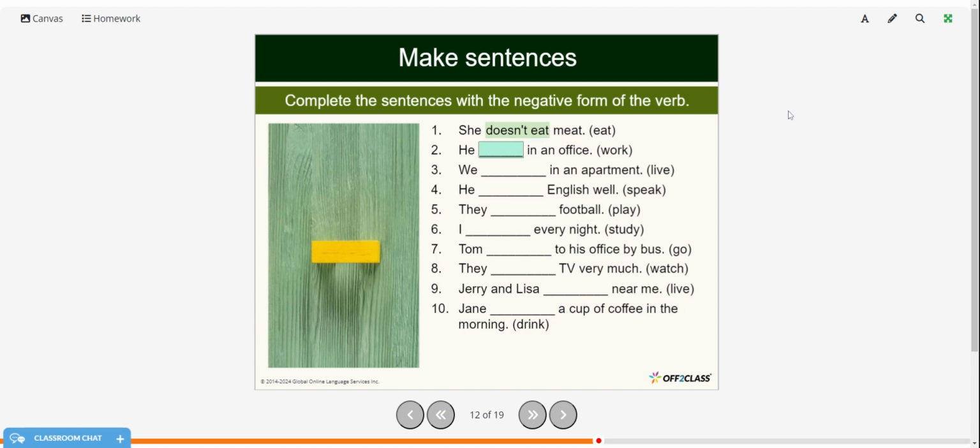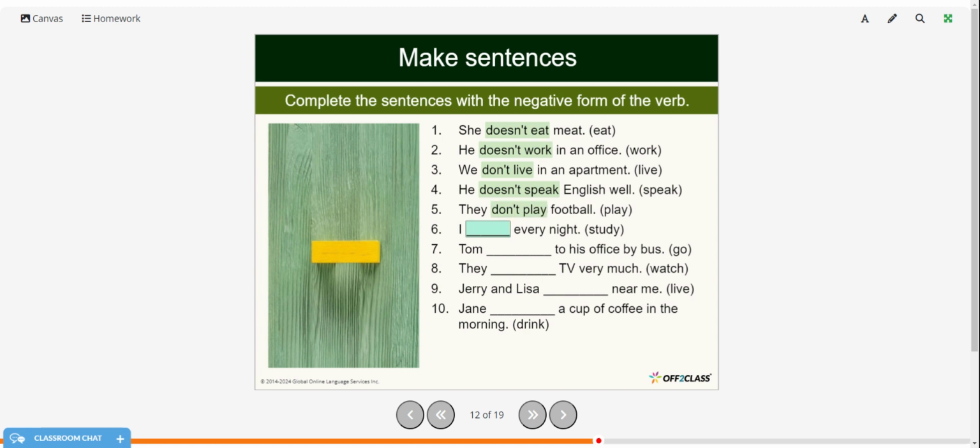All right, welcome back. If you're ready to check your answers, this one should be he doesn't work in an office. We don't live in an apartment. He doesn't speak English well. They don't play football.